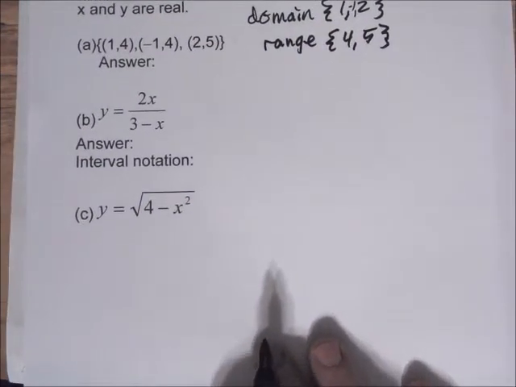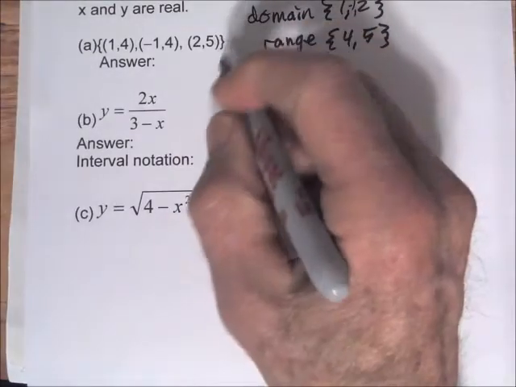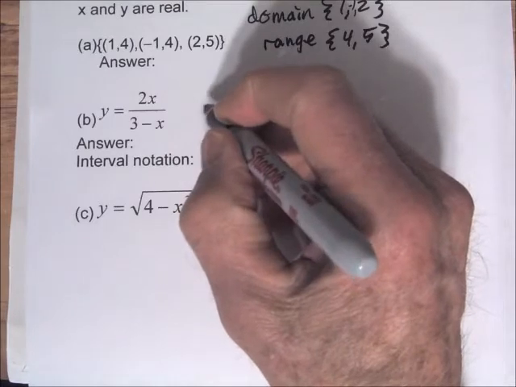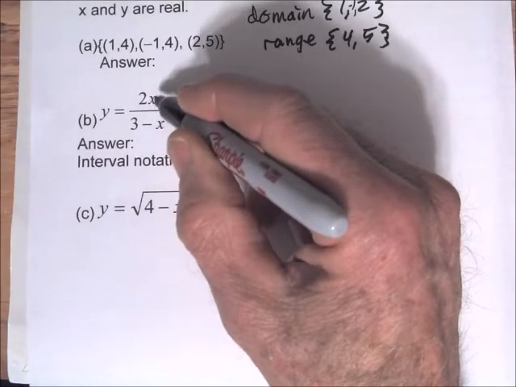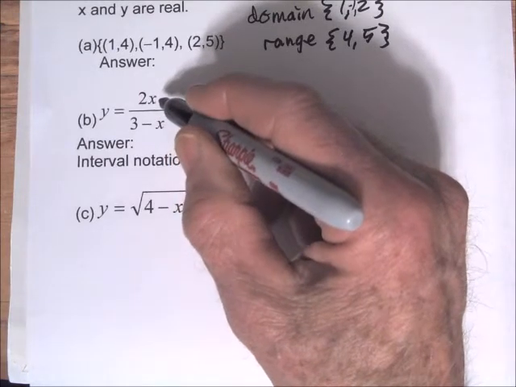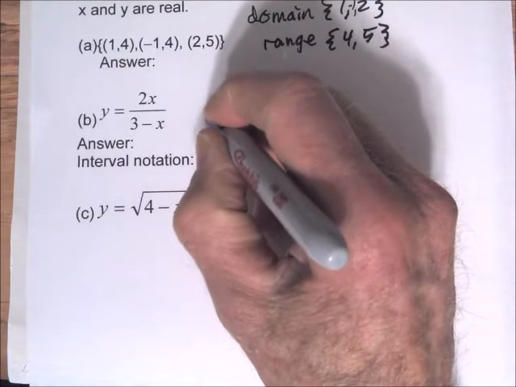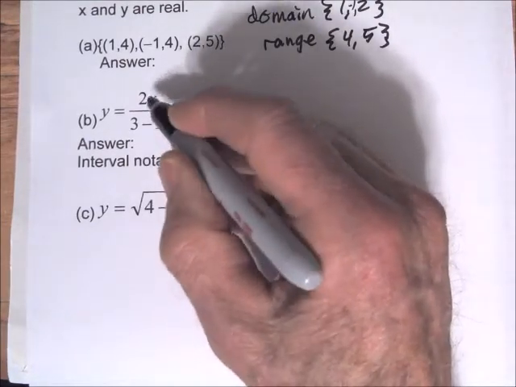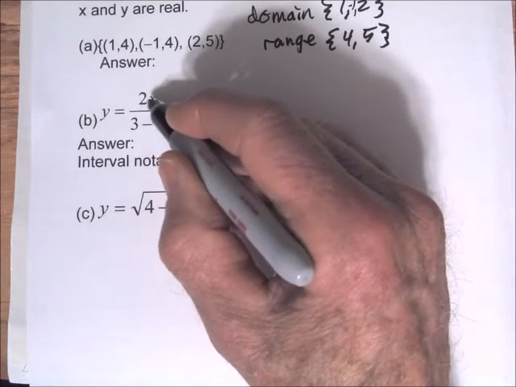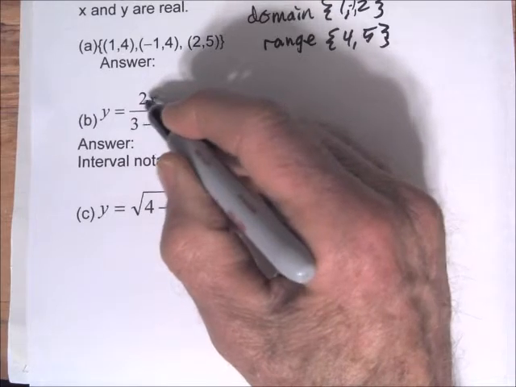Example B, actually, the domain, the range is a little bit harder. If we solve this for x, we can get the range, but the domain is easy enough here without going to too much trouble. For real numbers, you can multiply any real number by 2, and you'll get a real number.